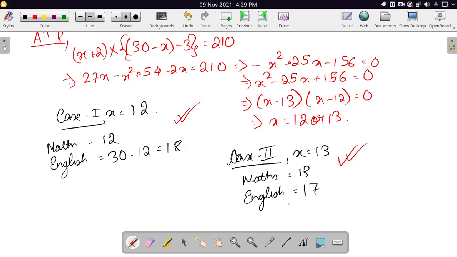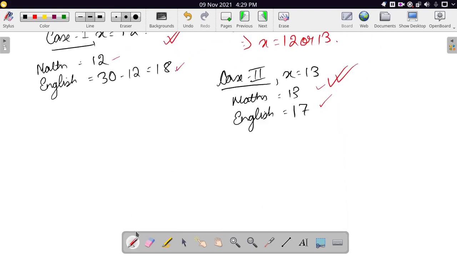So she has got 12 in maths and 18 in English, or she has got 13 in maths and 17 in English. Here both the cases can occur simultaneously. So the answer is both. Okay, so in this question, the answer is both. So we will write it like this. The writing of the answer is a little different. I wouldn't say it's difficult. It's a little different because it matters.